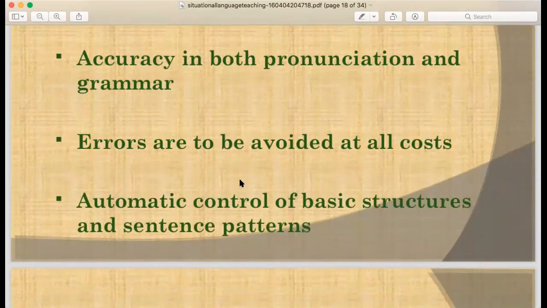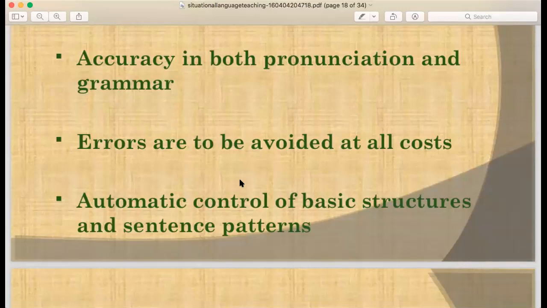There is nothing between a stimulus and the response. So we need to develop automatic control of basic structure and pattern. The speech of the learners should become automatic. Whenever they are given one structure as a stimulus or one dialogue as a stimulus, they should automatically utter the next dialogue. Okay, if I give you an example here, for instance, greeting.